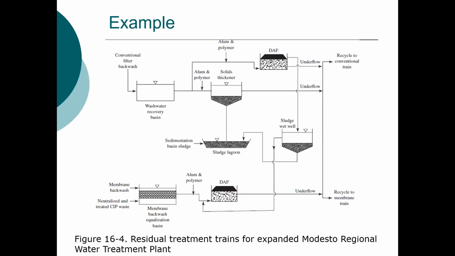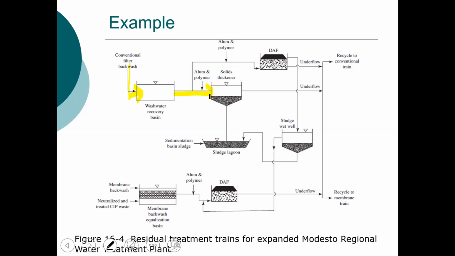This, on the other hand, is the process diagram for the residual management. And this isn't even complete. They show here the filter backwash. They treat the filter backwash by adding alum and polymer to thicken the sludge.